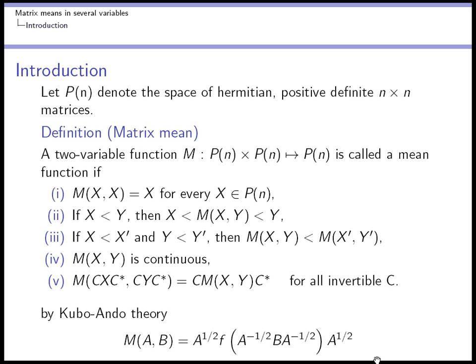So these functions are very well characterized, and therefore the matrix means are well characterized as well.